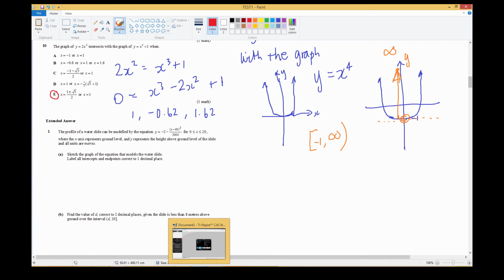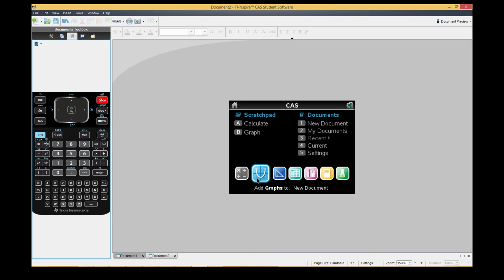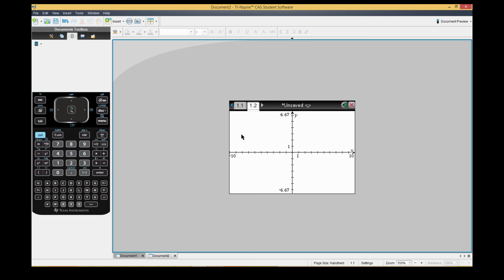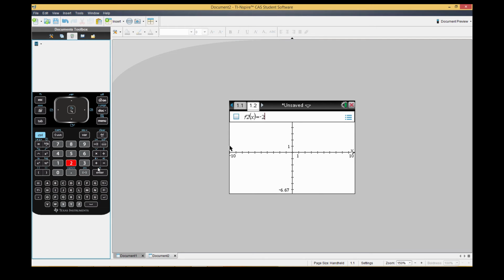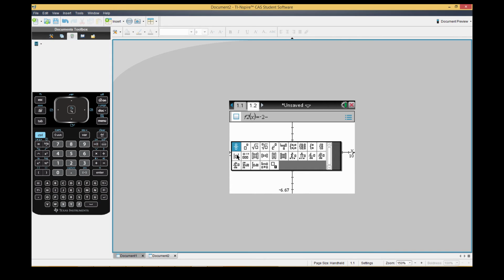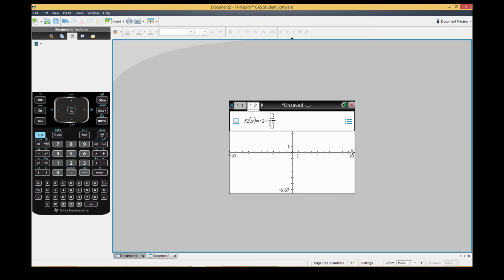Get our calculator out and we're going to graph it. Right, so our function is going to be minus 2 minus, what do we have?